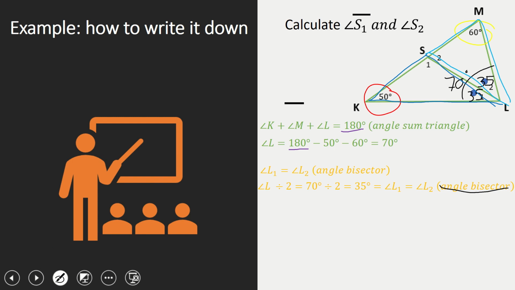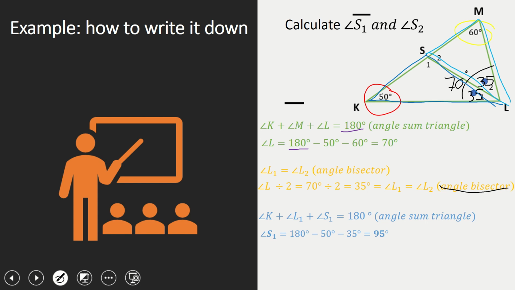Which triangle you choose to continue calculating doesn't really matter. I chose to use KLS. Because again, I know that angle K plus angle L1 plus angle S1 equals 180 degrees because of the angle sum of a triangle.